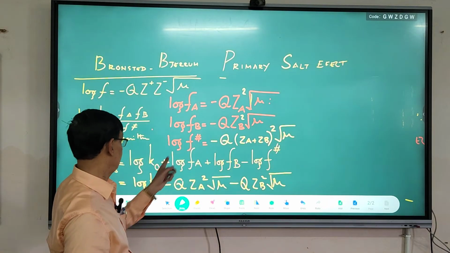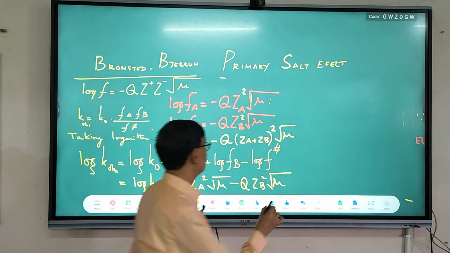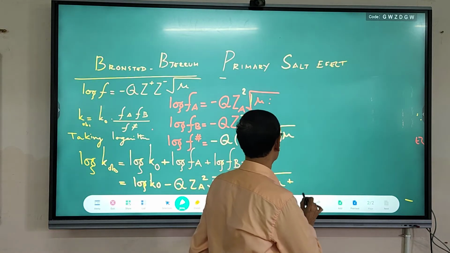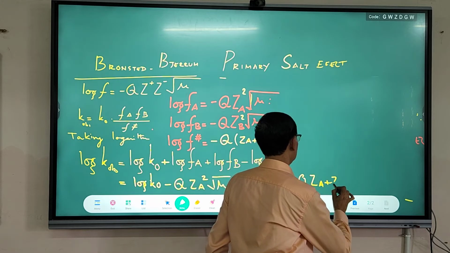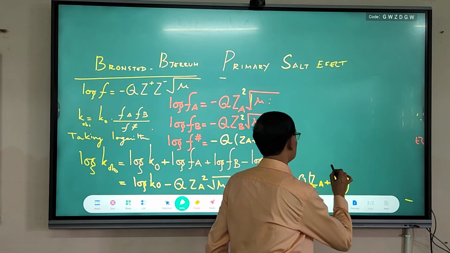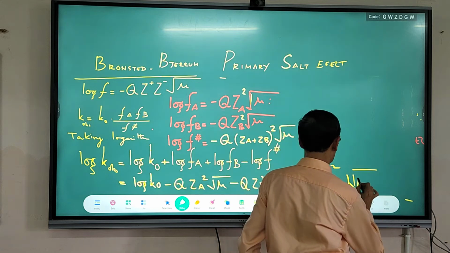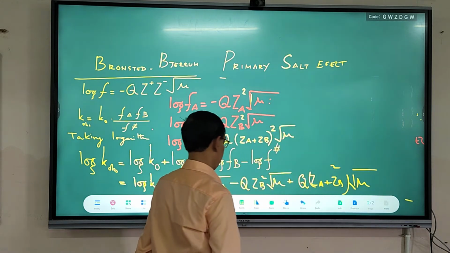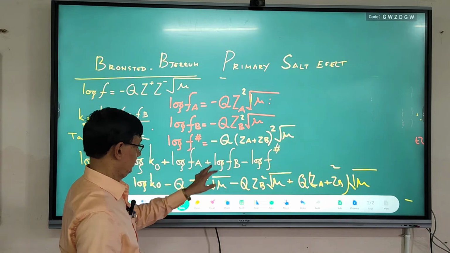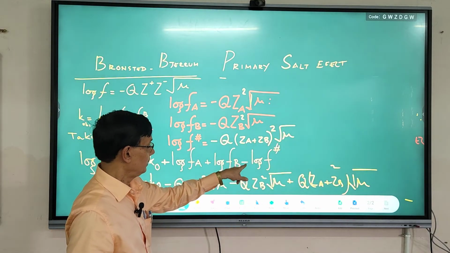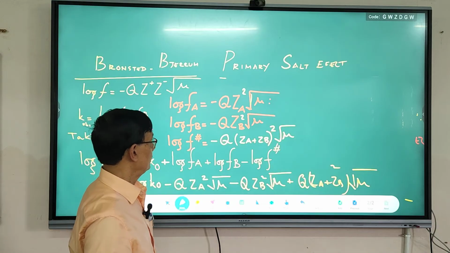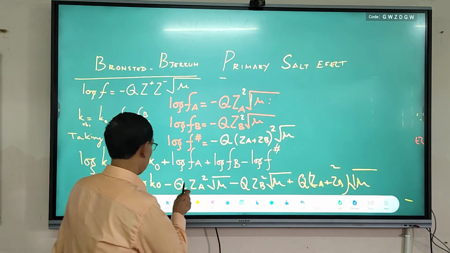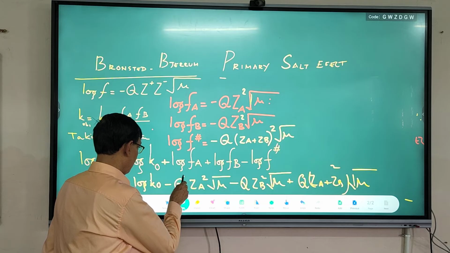Here it is minus, therefore plus Q (ZA plus ZB) square under root of mu. Why is it plus? Because here is minus log F. So this part is common.